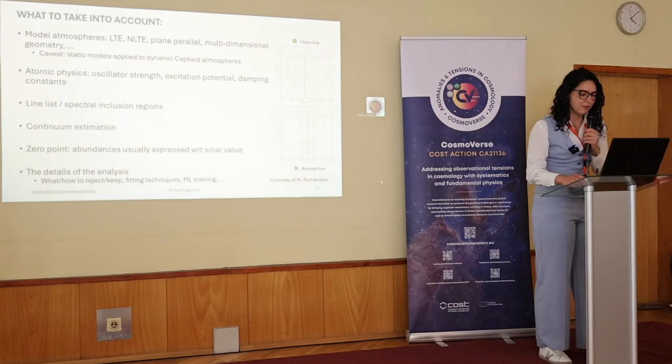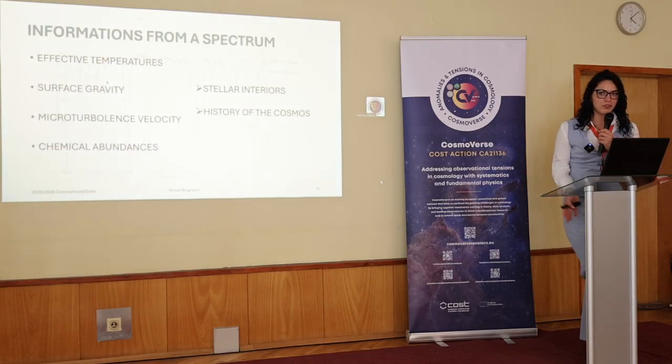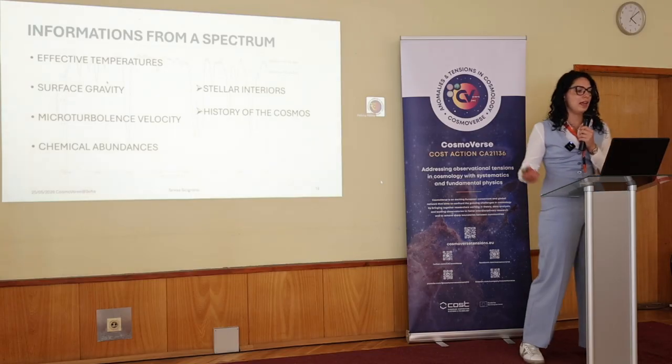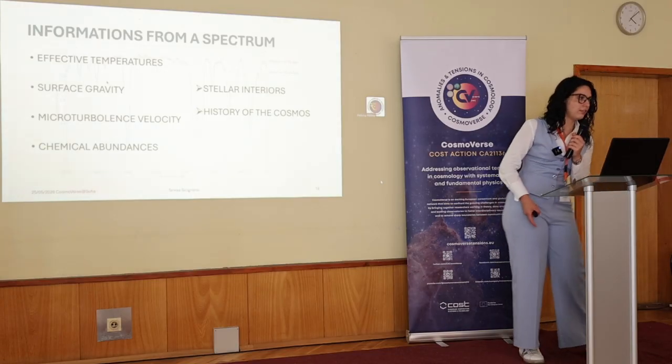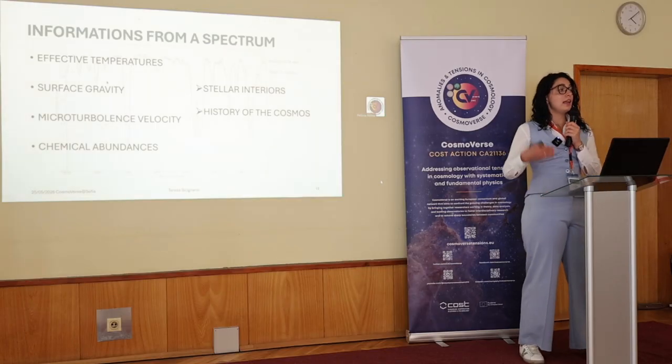But however, with all these problems, we can receive a lot of information from a spectrum, because we can know the effective temperature, the surface gravity of the star, the microturbulence velocity, the chemical abundances, and more.